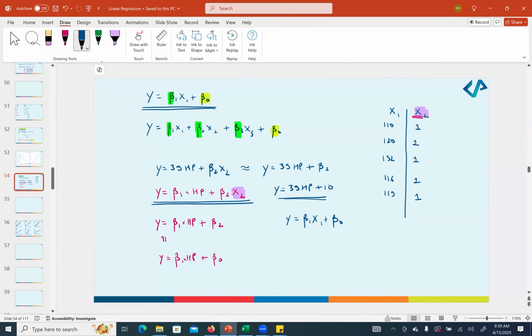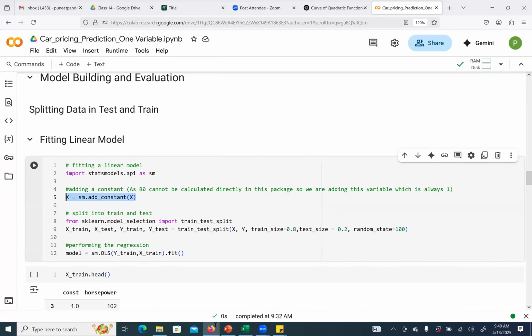I really like this one because the output is very much sorted as compared to the other functions that we have. Only one limitation is there, that it cannot predict beta naught, and that we can easily overcome by creating a constant. So here in this case we added a constant, which is 1 everywhere. So the coefficient of this constant will give me beta naught.